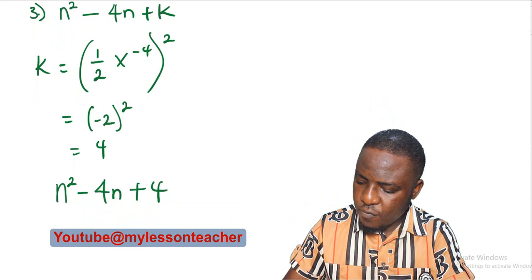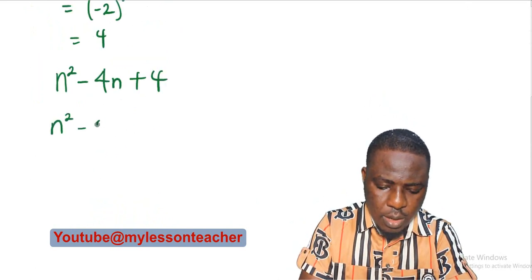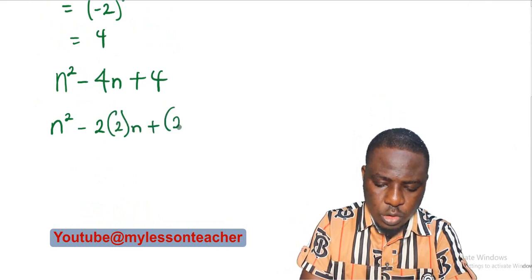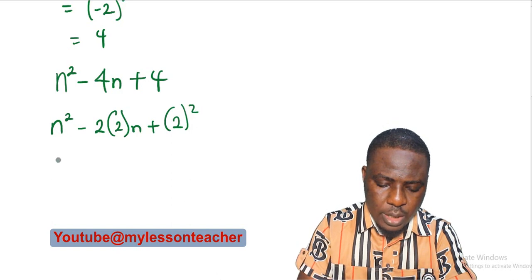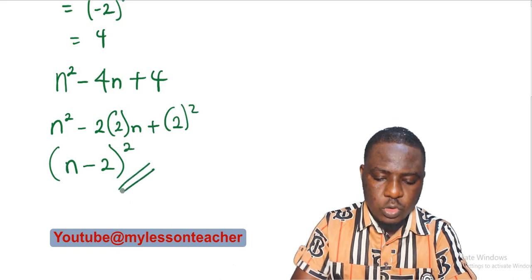So let's factorize. This becomes n squared minus 2 into 2n plus 2 squared. And this can be factorized to be n minus 2 all squared.